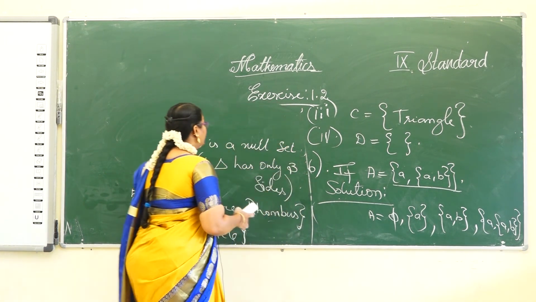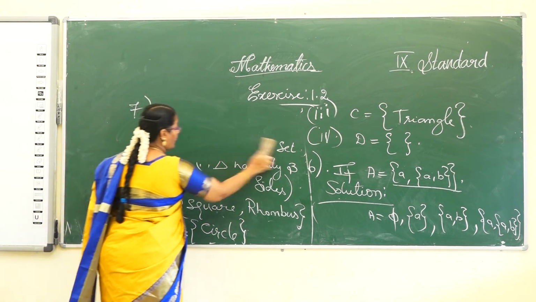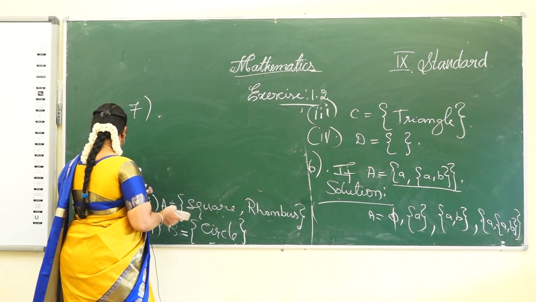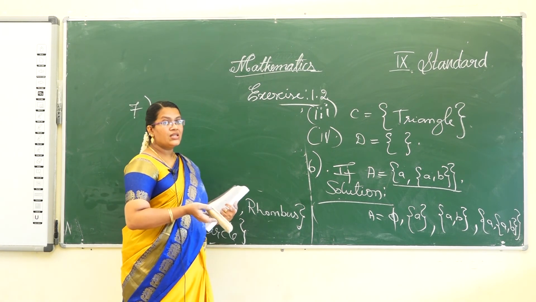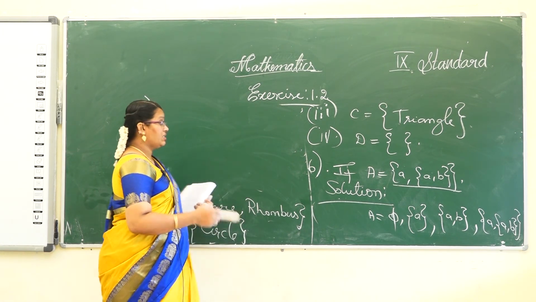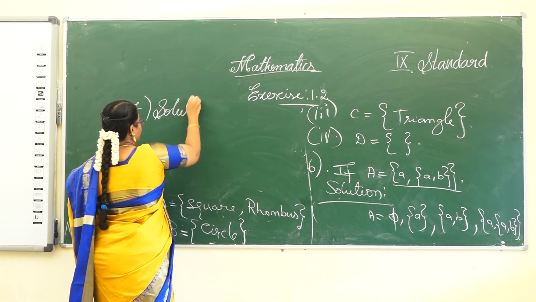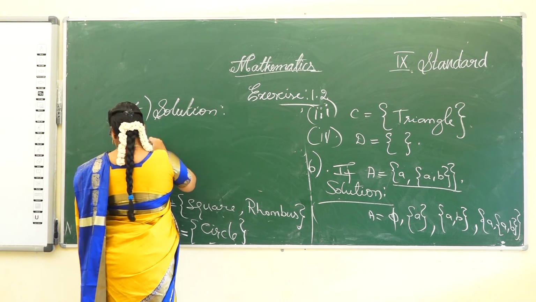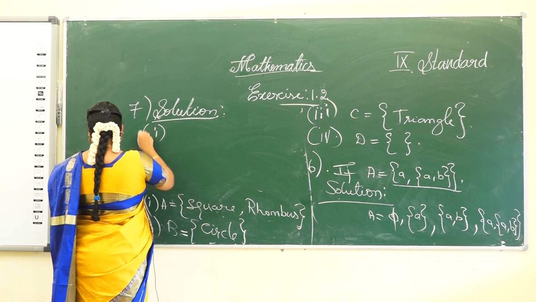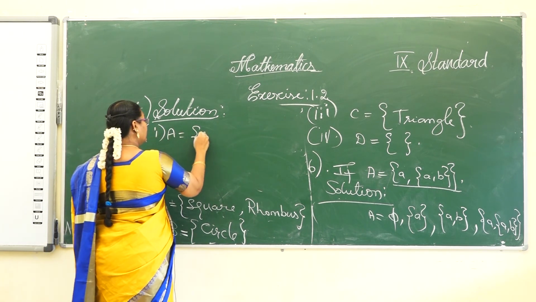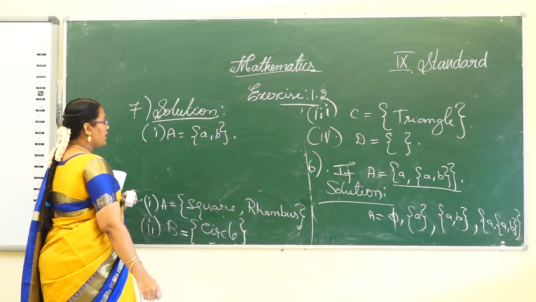And 7th problem. Write down the power set of the following sets. Power set means the set of all subsets of a set. First one, A is equal to {a, b}. How do you write the subsets?